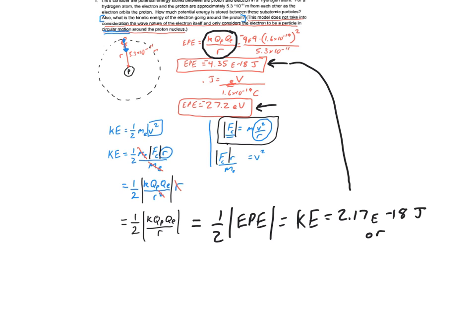Or if I do the same thing in dark green, I can get 27.2 eV divided by 2, giving me 13.6 eV.